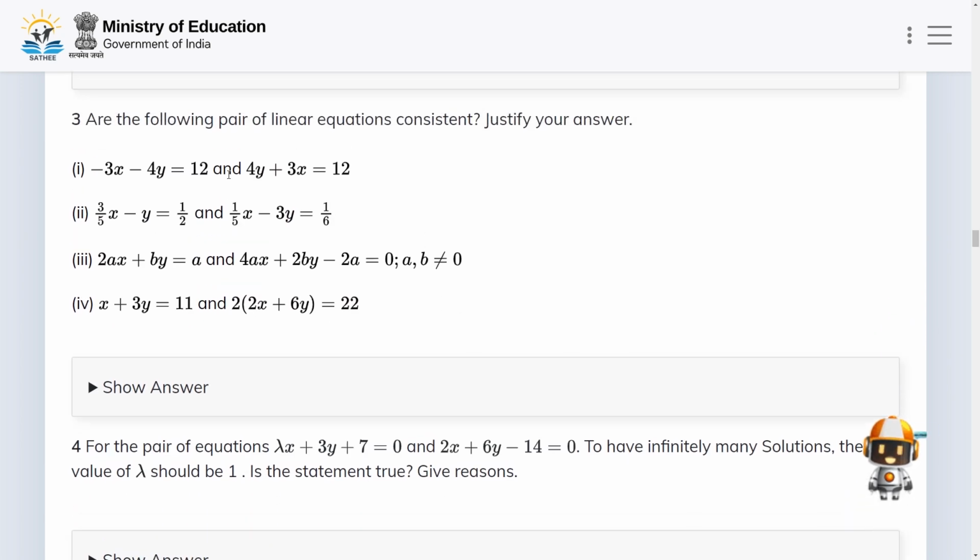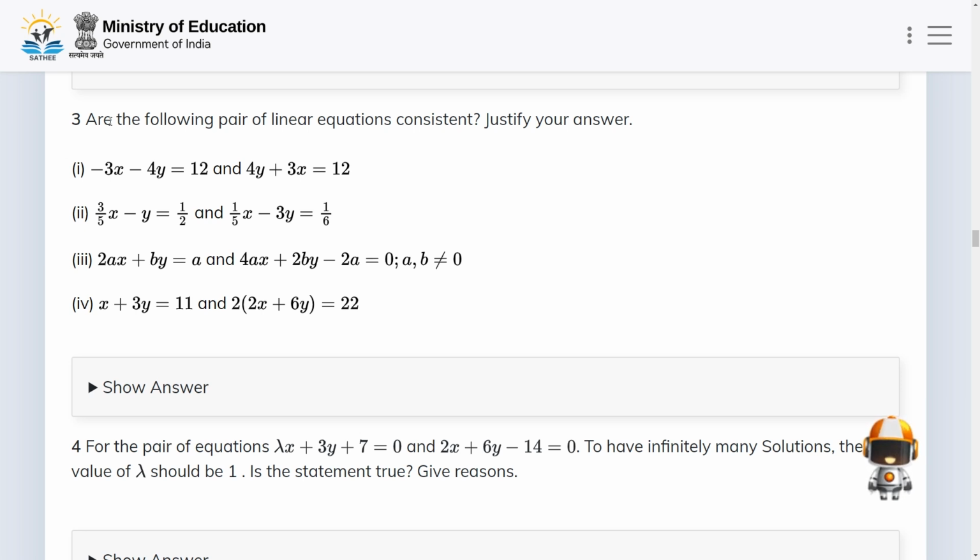So in question number 3 we are asked, are the following pair of linear equations consistent? Justify your answer. In the first one, we have the pair of linear equations minus 3x minus 4y is equal to 12 and 4y plus 3x is equal to 12. In the second one, we have 3 by 5x minus y is equal to 1 by 2 and 1 by 5x minus 3y is equal to 1 by 6.